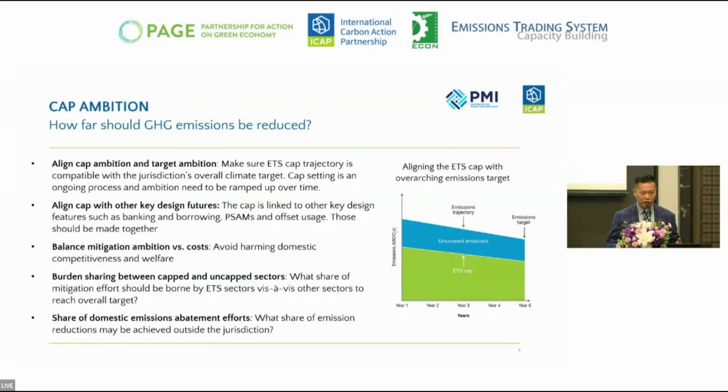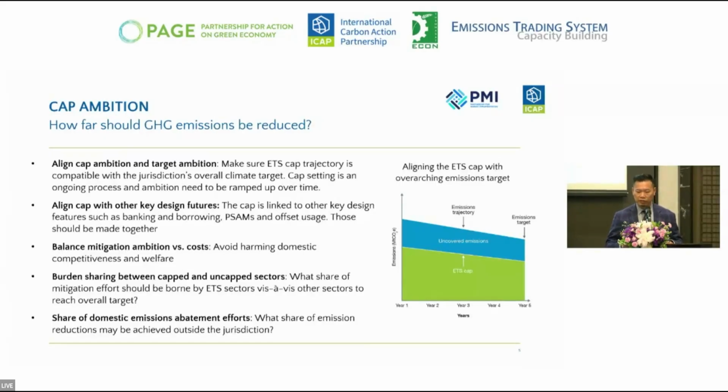Every jurisdiction has its climate target. It covers the overall economic emission, but we only choose some scope, some sectors to cover in ETS. And so the ETS goal should be aligned with the regional or the jurisdiction overall target.